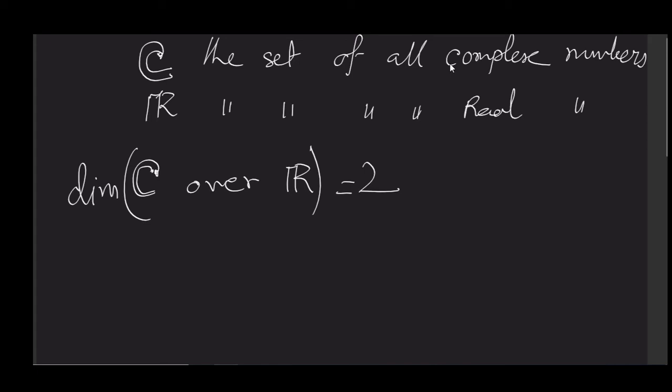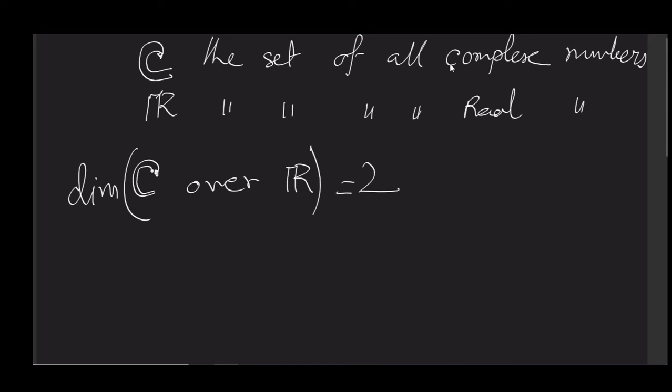Why 2? Because you can intuitively understand this. If you want to express any element of your complex number system, which is a vector space over R, the set of real numbers, then what do you need? You need two components: one real number to represent its real part, another to represent its imaginary part, right?